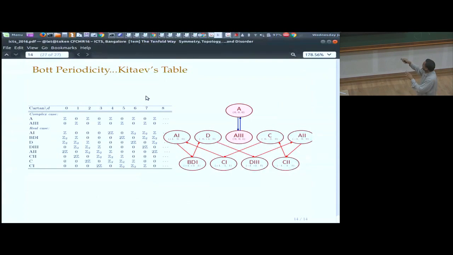It's only the way we organized this that magically this pattern emerged. So you start with A1, then you go to BD1, then D, then D3, then A2, C2, C, C1, A1. Whatever the topological class in this dimension, when I go to the next dimension, whatever is behind the arrow, it will pick up the topological class of that. That's what you see here.